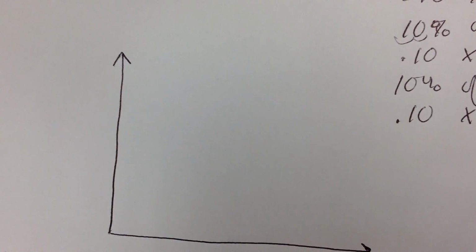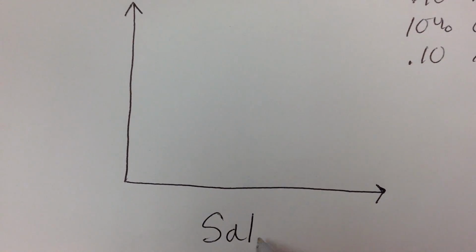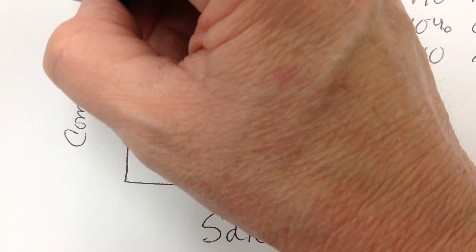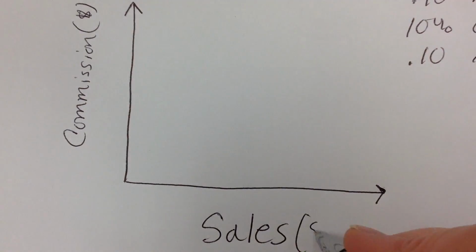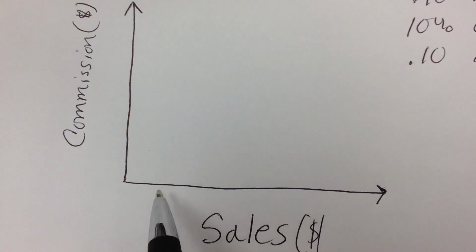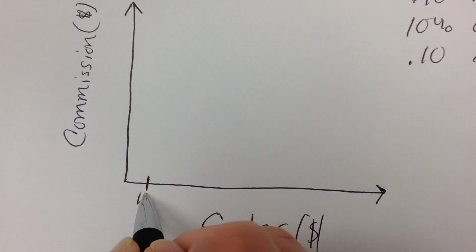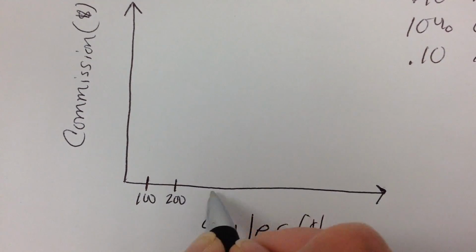I'm going to let the horizontal axis represent sales, and I'm going to let the vertical axis represent commission. Now, sales is 100, 200, 300, 400, and so forth on. So each little marking needs to represent 100.